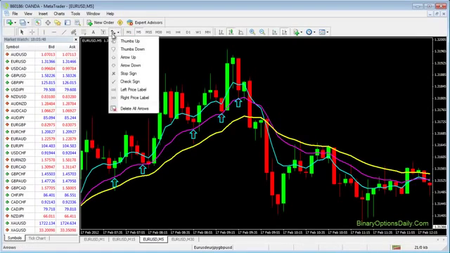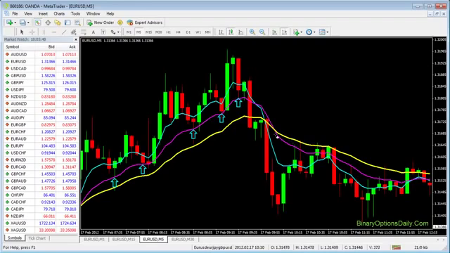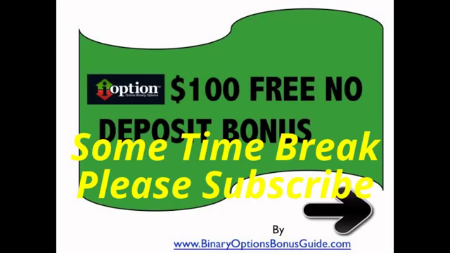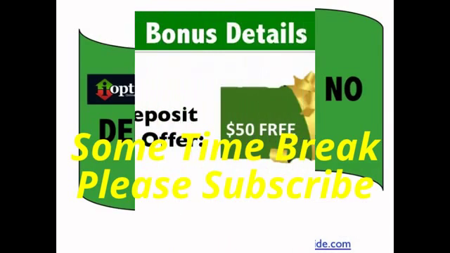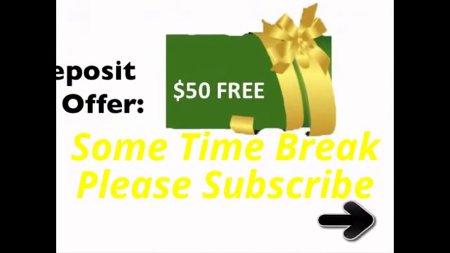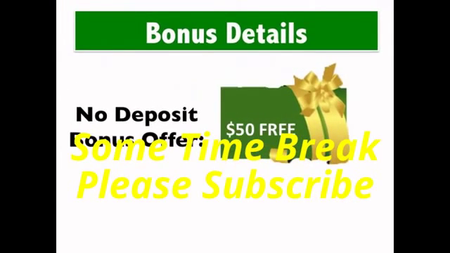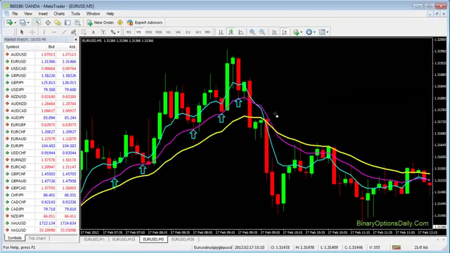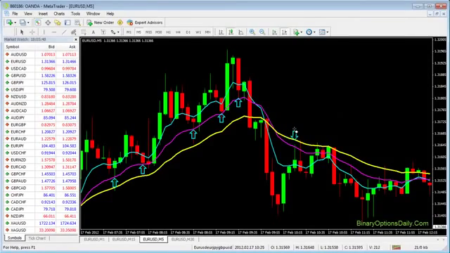And to me, that basically signals that we've got a downward trend going on, especially with the 26-period moving average being on top. Exactly the opposite of what was happening over here.